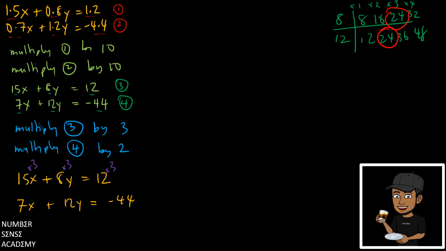And I'm multiplying equation 4 by 2, so times 2 times 2 times 2. And what do I end up with? I'm just going to write it at the top, I'm running out of real estate. So 15 times 3 is 45x. 8 times 3 is 24y. And then 12 times 3 is 36. Then 7 times 2 is 14, so I have 14x. 12 times 2 is 24, so I have 24y, so that's pluses. And then 2 times negative 44 is negative 88.